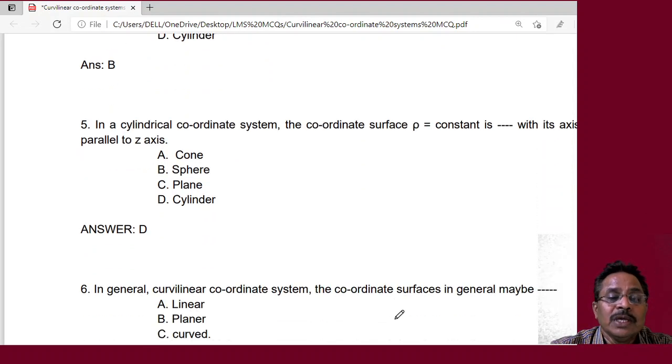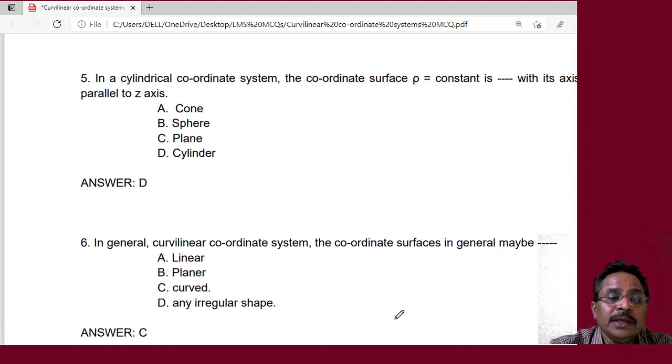Now another coordinate system: in the cylindrical coordinate system, the coordinate surface rho equal to constant is dash, with its axis parallel to the z axis. So again here we can draw a similar diagram to what we have drawn earlier.